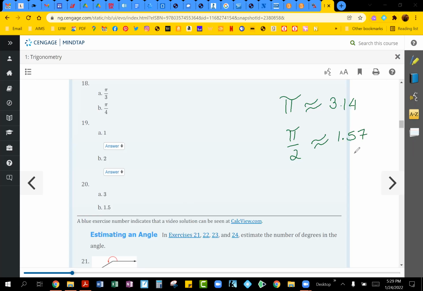The reason I'm asking you to do this is because then it will be easy for you to see, especially when you're working with part A, do I have an angle measurement greater than 90 degrees or not? Can I find a complement or not? Since 1 is a number smaller than 1.57, you can actually find both the complement and supplement for number 19A.